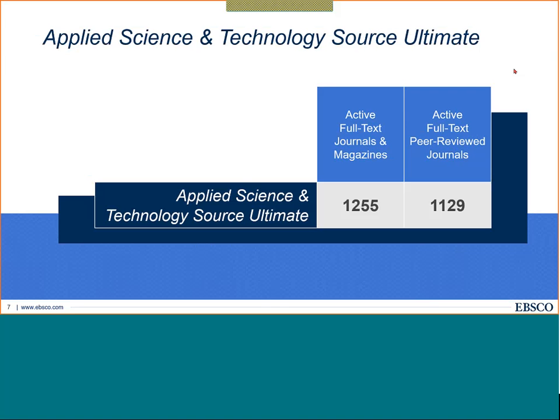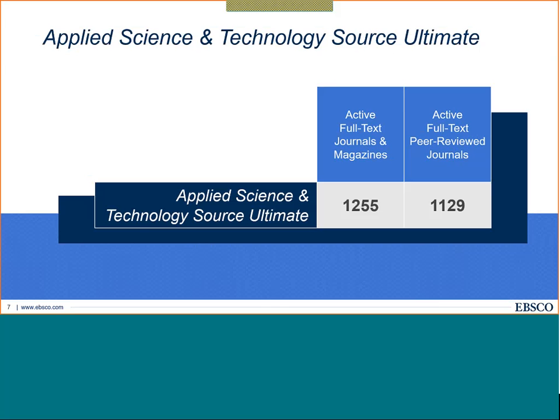As I mentioned, this is a full text database. You can find there articles from journals that are active. What does it mean active? It means that still new issues are being published. So still new full text articles from journals and magazines are being added into this database. So those journals are still active.